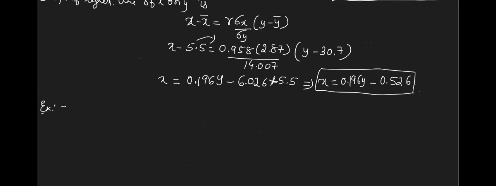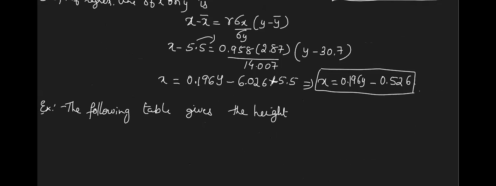Okay, let us take a problem from the question paper, the model paper. The following table gives the heights of fathers, take it as X, and sons, take it as Y. Prepare this table.